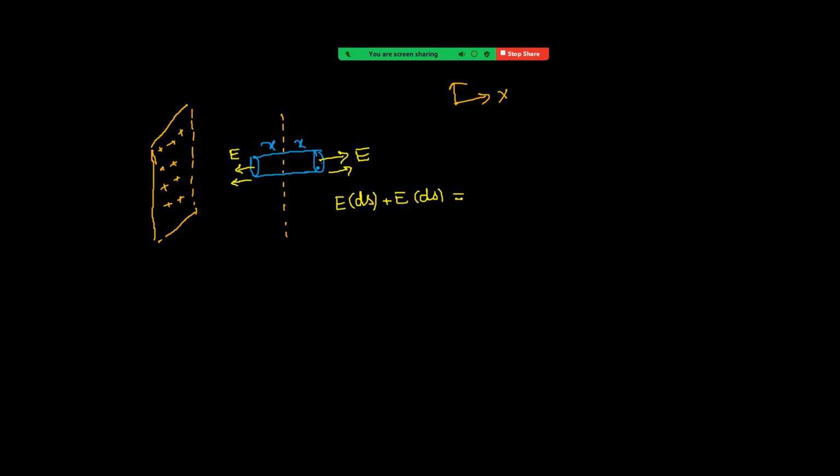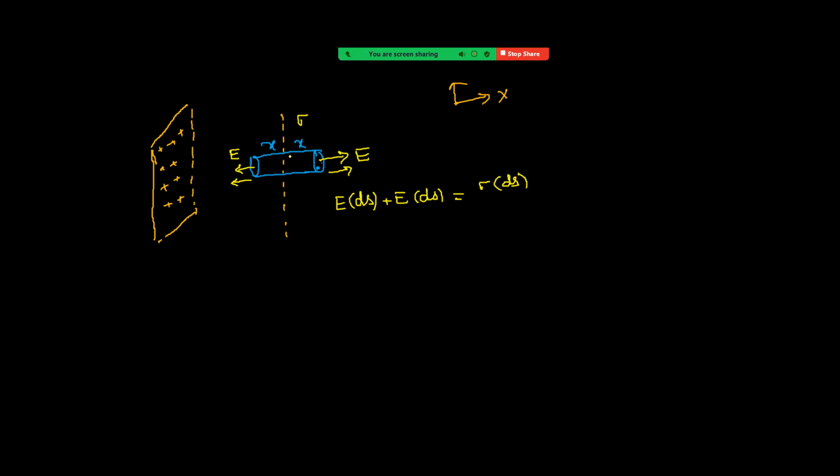This flux is equal to the charge enclosed by that cylinder. See how much it is. We are given charge per unit area, since it's a plane sheet, so it is sigma into dS. How much area is enclosed by the cylinder?